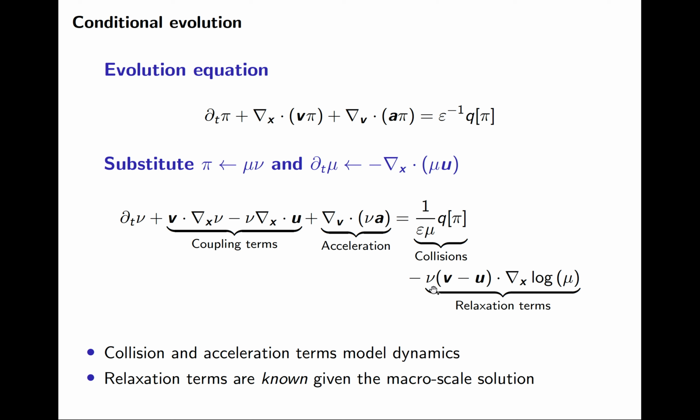So if nu, this probability density function over the velocity space at some point x, has a large probability at the coordinate v, then this term will be quite large, the relaxation term, especially if that particular choice for v is very far away from the expected velocity u, right? So we're penalizing deviation from the expected velocity.